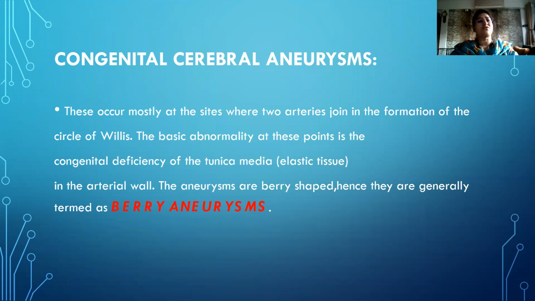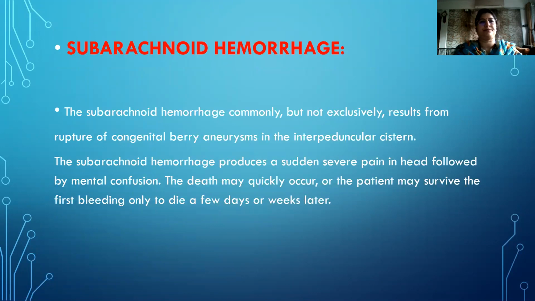Lastly, you must remember the congenital cerebral aneurysm, which occurs in the congenital form. It occurs at the sites where two arteries join in the formation of the circle of Willis. It is mainly the tunica media, the elastic tissue, which is deficient. The aneurysm is berry shaped, so it is termed a berry aneurysm.